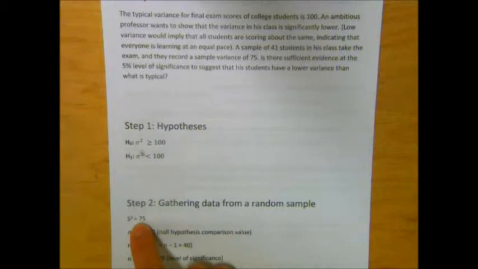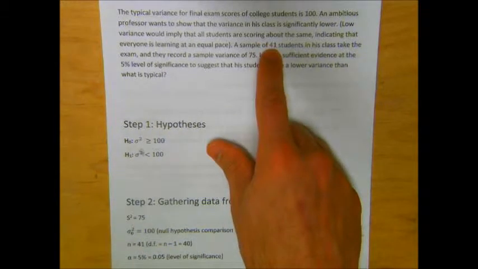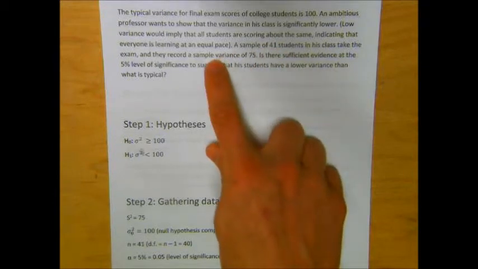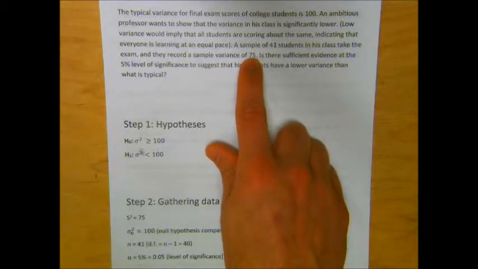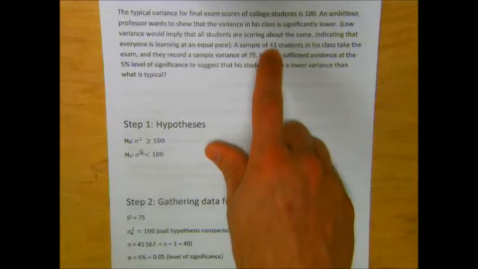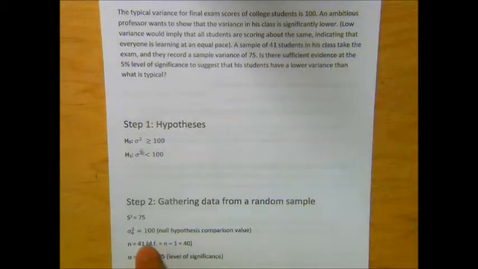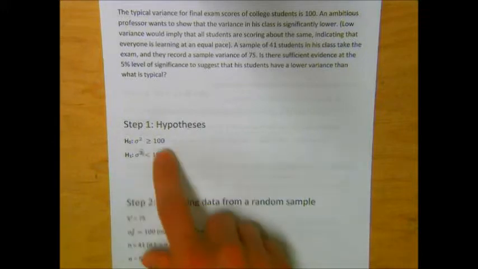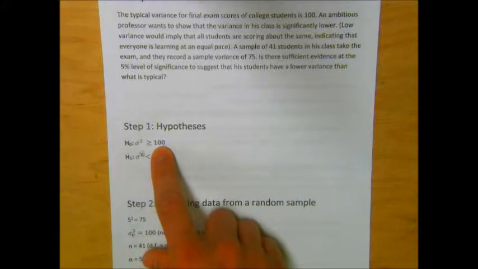Note that the sample variance in this case is 75. We see that a sample of 41 students in his class recorded a sample variance of 75. That's where I got that number. A sample of 41 students leads to a sample size of 41. Our null hypothesis variance is 100. That's the variance the professor is trying to beat.